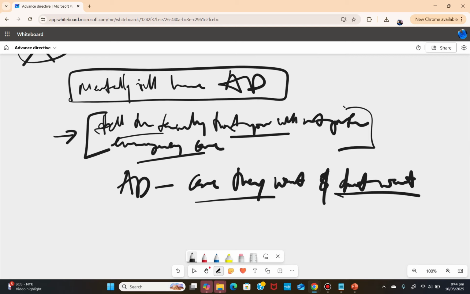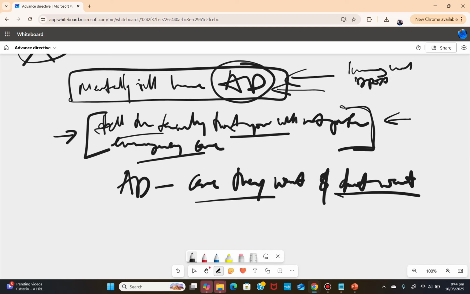So right now, if you select this answer, you don't know what is in the advanced directive, because the NCLEX only said advanced directive. They are not telling you the information in the advanced directive. An advanced directive includes what? Living will, durable power of attorney or healthcare proxy, and your DNR.